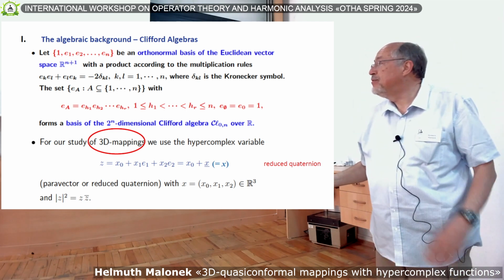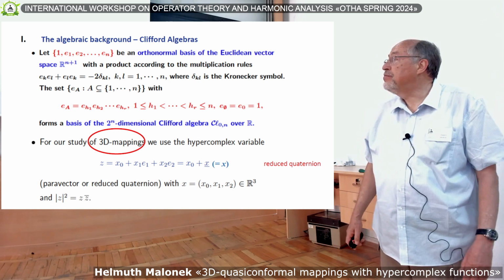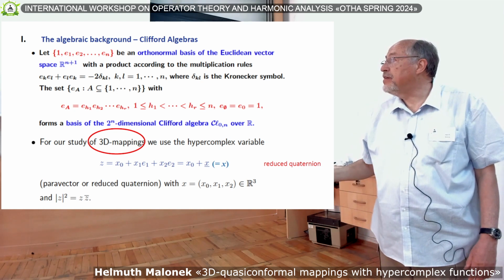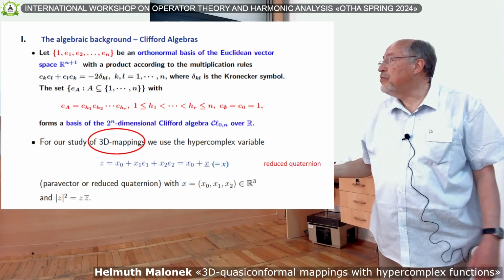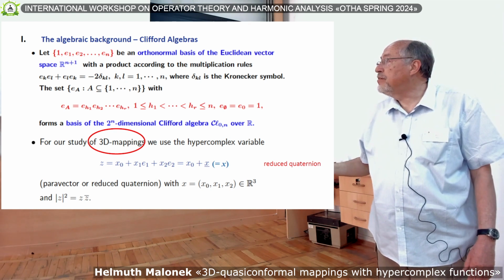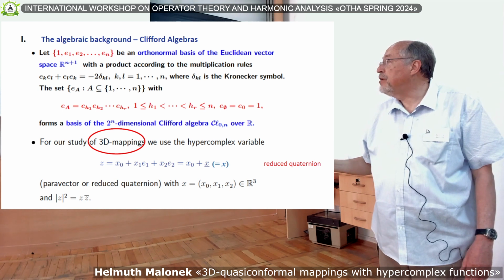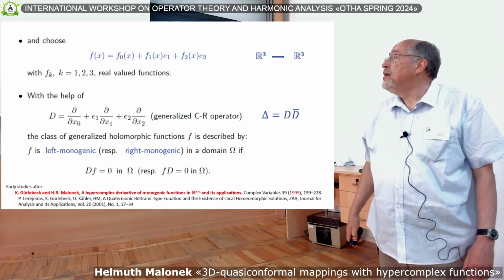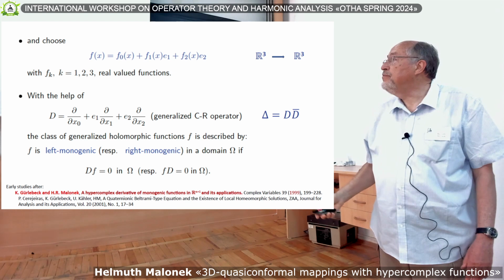And so the theory of monogenic or generalized holomorphic functions is based on the idea that you have several imaginary units, n imaginary units, so that we also have the conjugated z, and then the matrix is given by the product of z and the conjugated, and people are calling this also reduced quaternion. And for the function, we have the same form of a paravector.